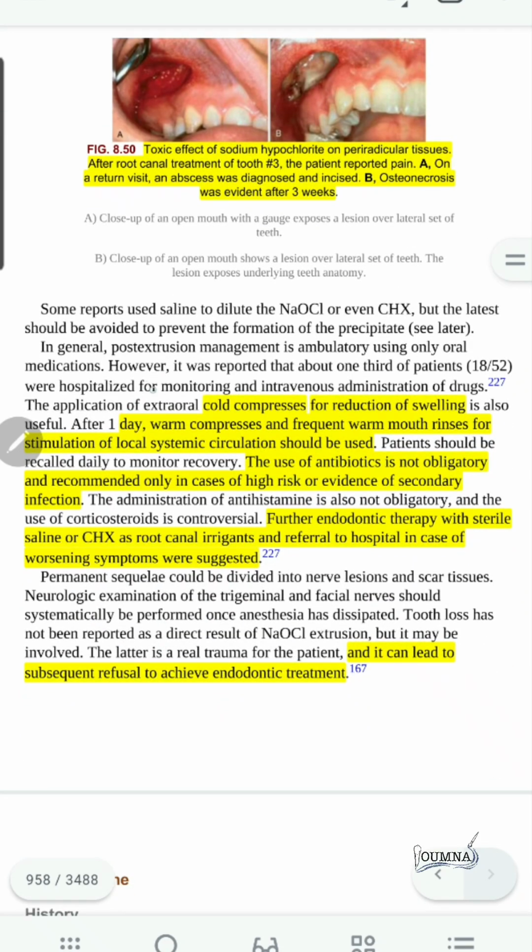When dealing with these situations, we must give a cold compress on the first day to reduce the swelling. Then, after day 1, we use warm compresses and frequent warm mouth rinses for stimulation of local systemic circulation. The use of antibiotics is not obligatory. It is only recommended if the case is high risk.